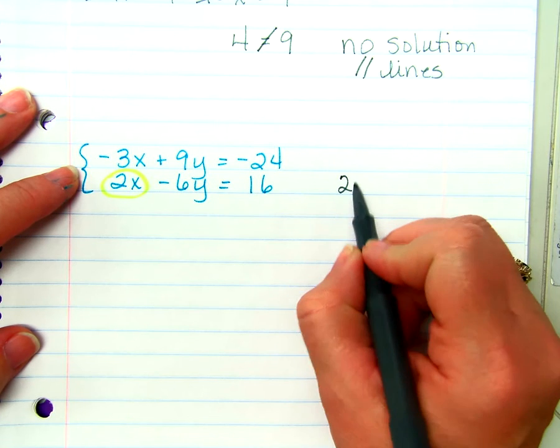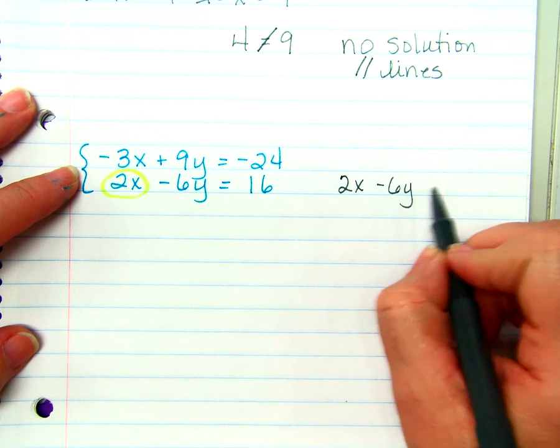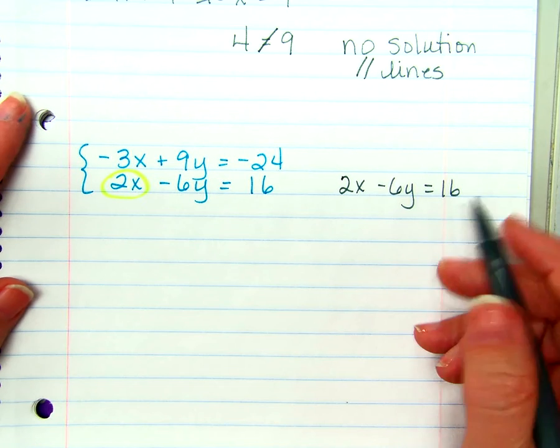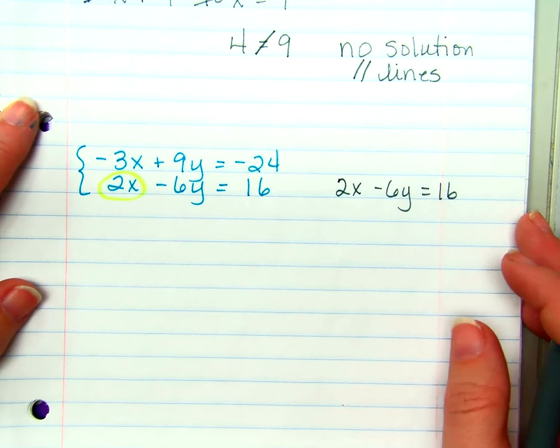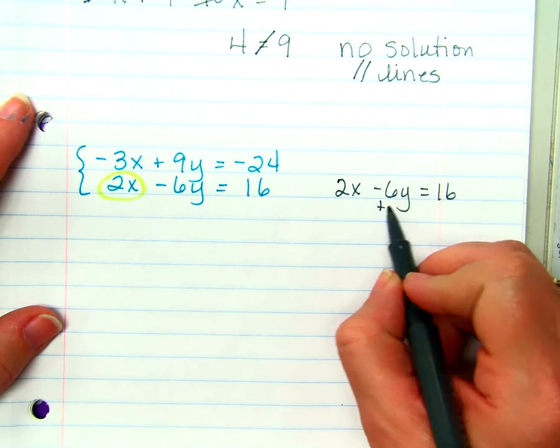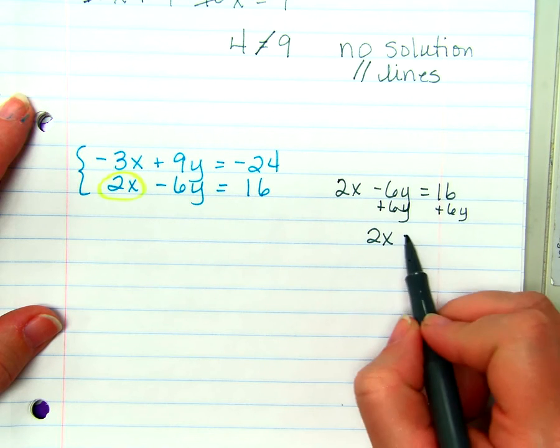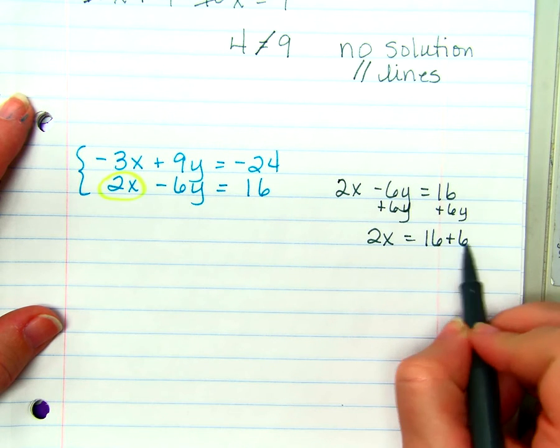So I'm going to write 2x minus 6y equals 16. Now I have to try to solve for x. So the first thing I have to do is move that one. Which one is it? Add 6y. Okay? 2x equals 16 plus 6y.